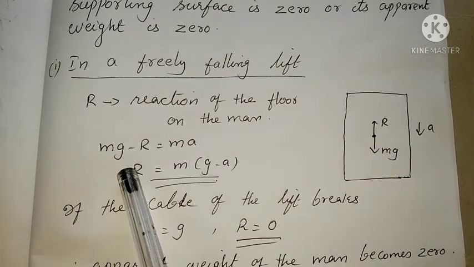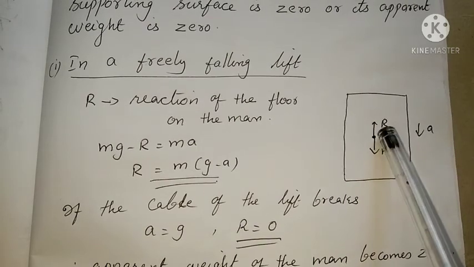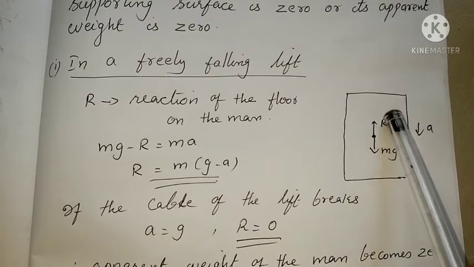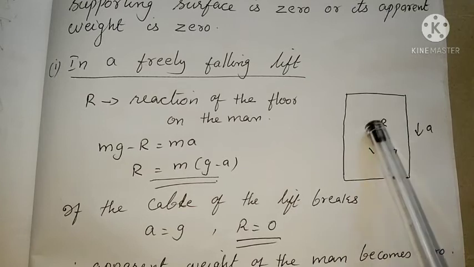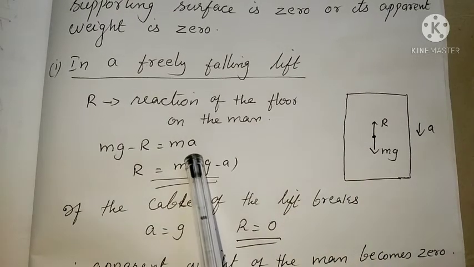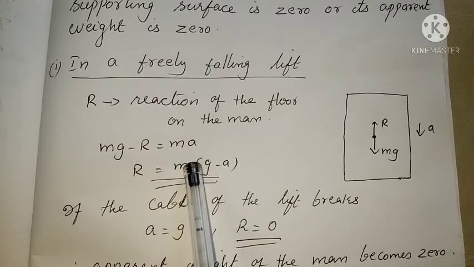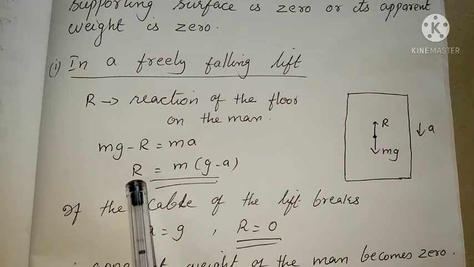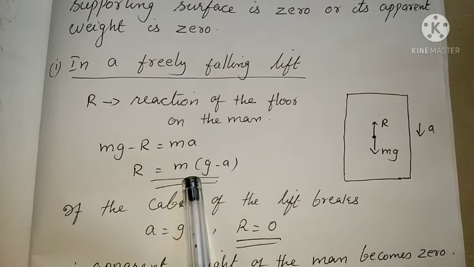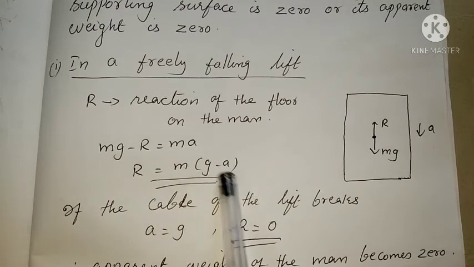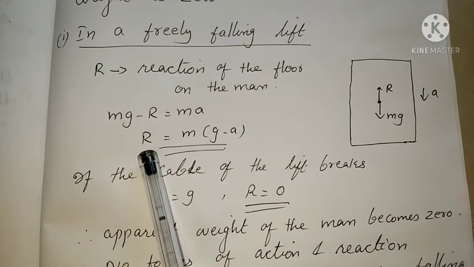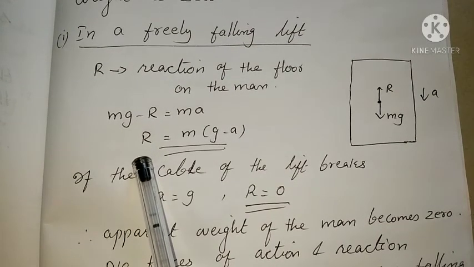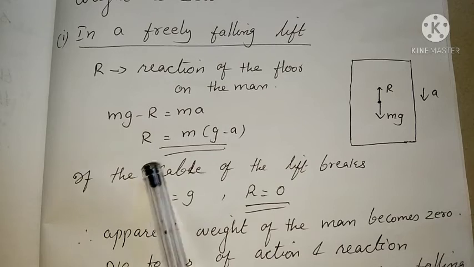Then we can write mg minus R, that is the force exerted on the man, equal to m into a according to the laws of motion. mg minus R equals ma. Therefore, R equals m into (g minus a). So this is the apparent weight of the man.